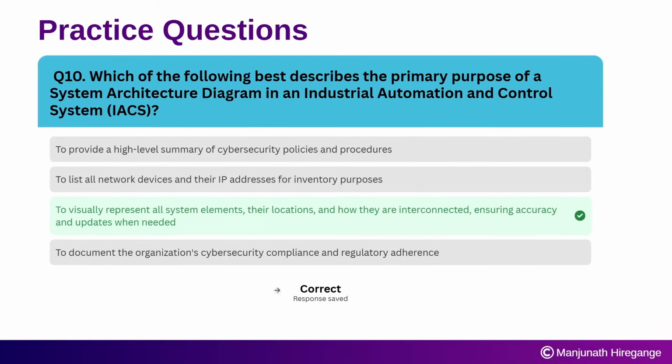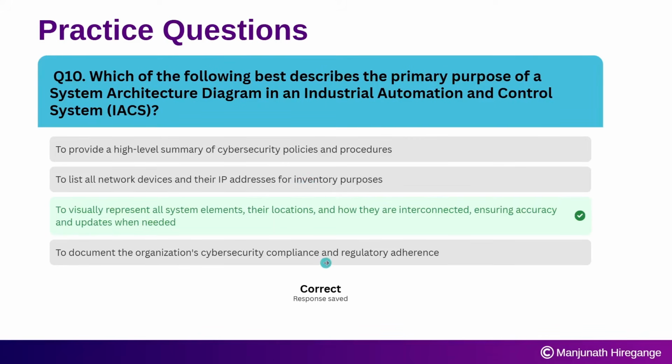The reason is, it represents all the system elements and their location. The system architecture's main goal is visual representation. High level cybersecurity policies are documented separately, so not in a system architecture diagram. Listing network devices and their IP addresses is asset inventory, but the architecture diagram shows how they connect.